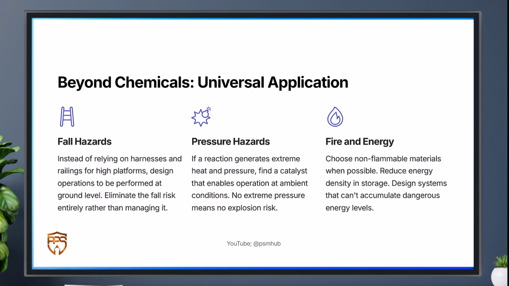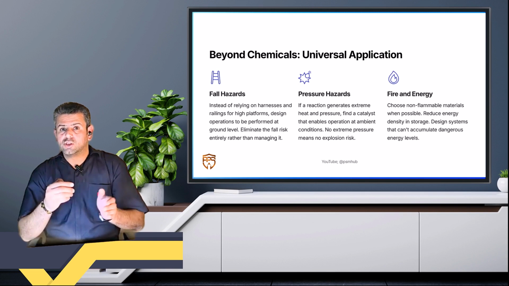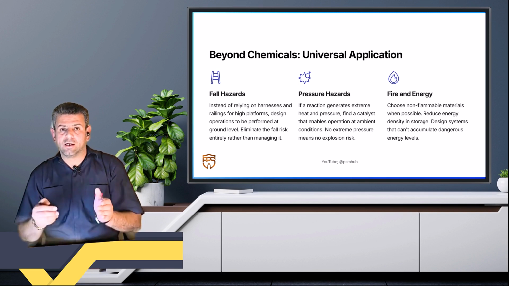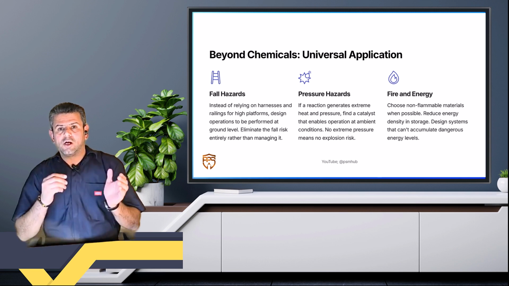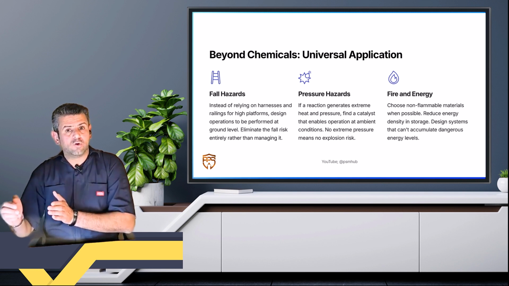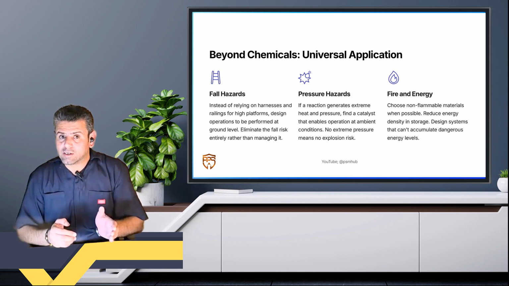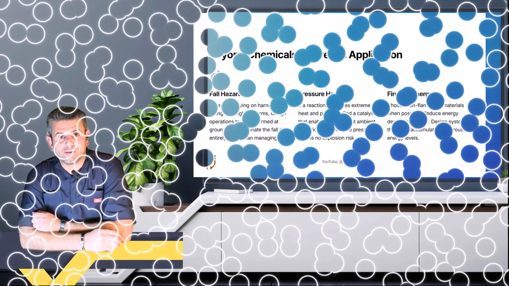If a reaction generates a lot of heat and pressure, an inherently safer design might be to find a catalyst that lets it run at ambient temperature and pressure. Eliminating the extreme conditions that could lead to an explosion or a crisis is the target of inherently safer design.